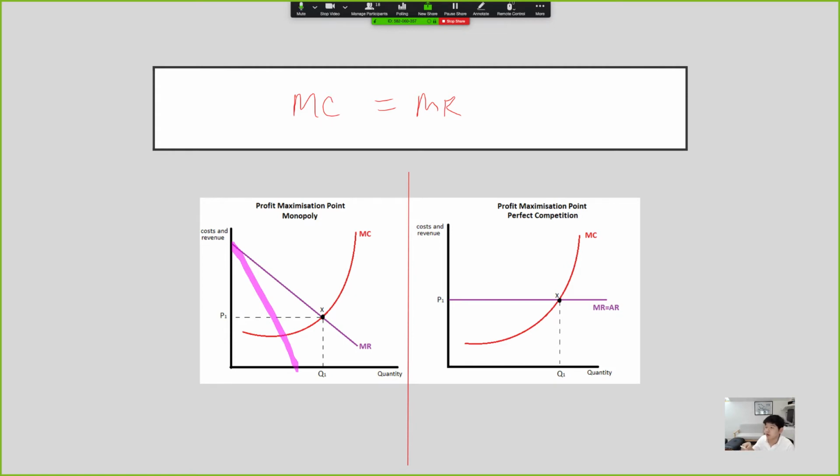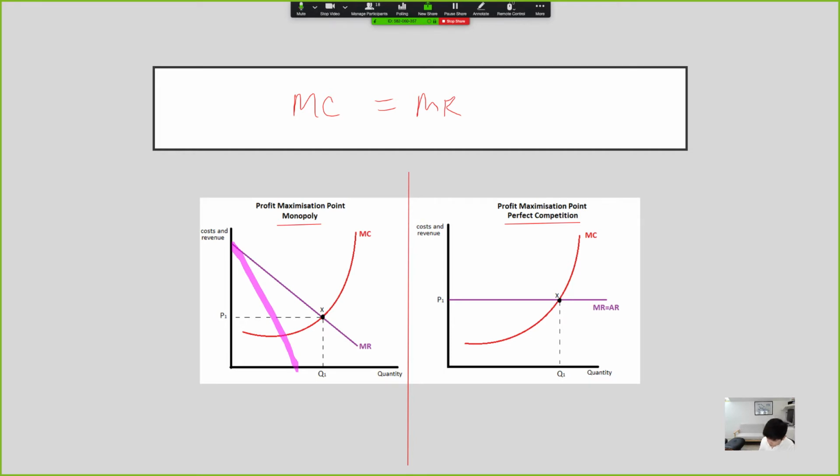We're going to learn the 4 different kinds of market structures in the following lesson. But for now, please know that there's a difference between these 2 market structures. Perfect competition is one kind of market structure, and monopoly is another. We draw the MC equals to MR differently between perfect competition and the monopoly. We start first with the perfect competition firm.